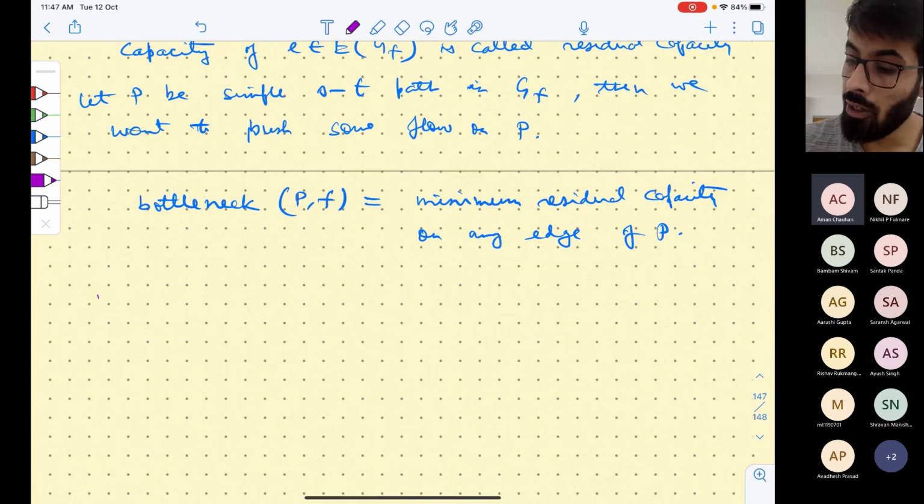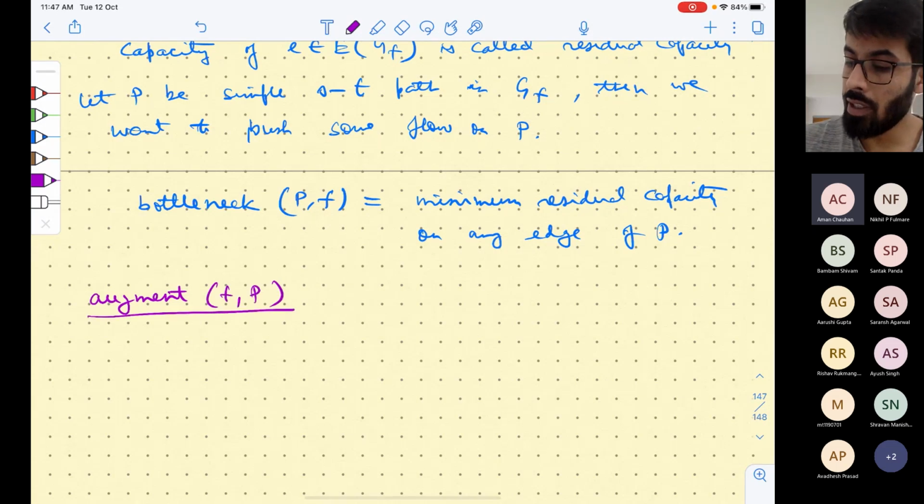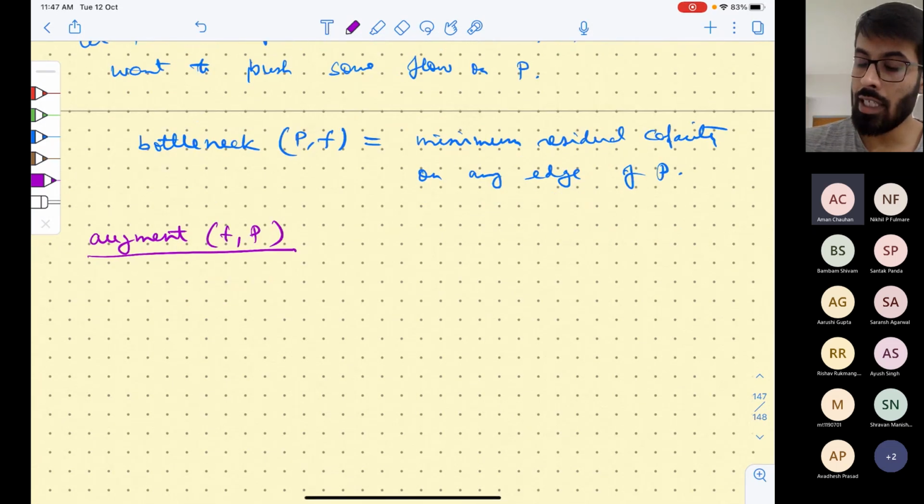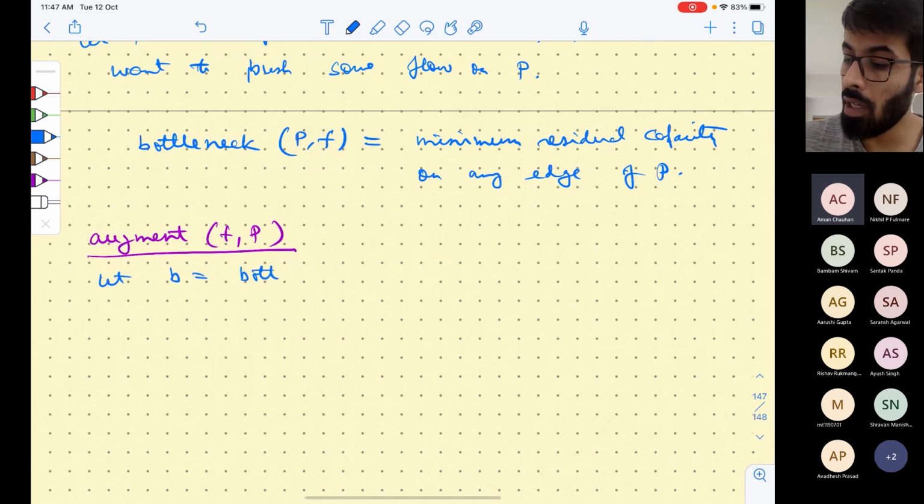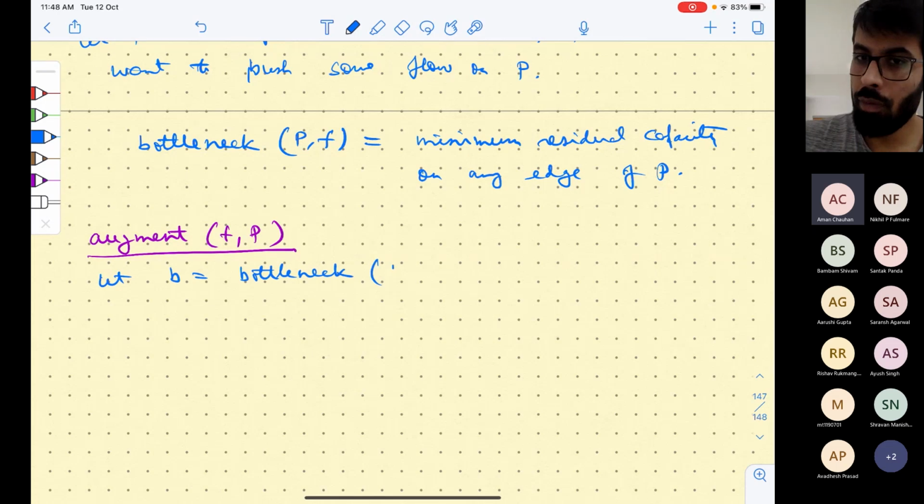The procedure is called augment F comma P. It is given a flow F and a path P, and it wants to send flow on that path. So let B be equal to the bottleneck of P comma F.